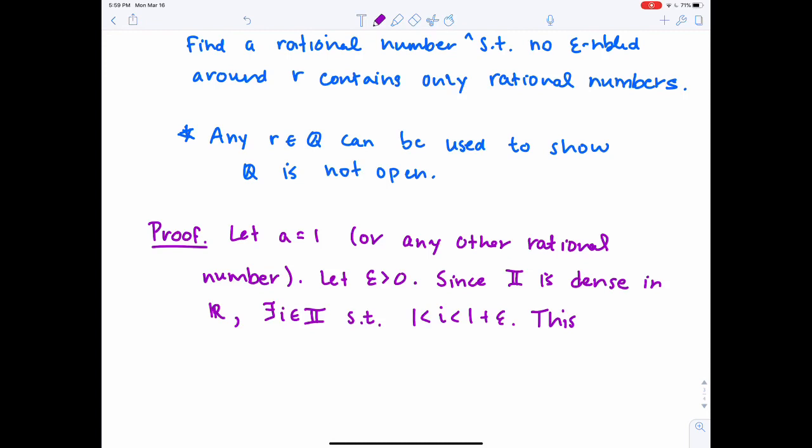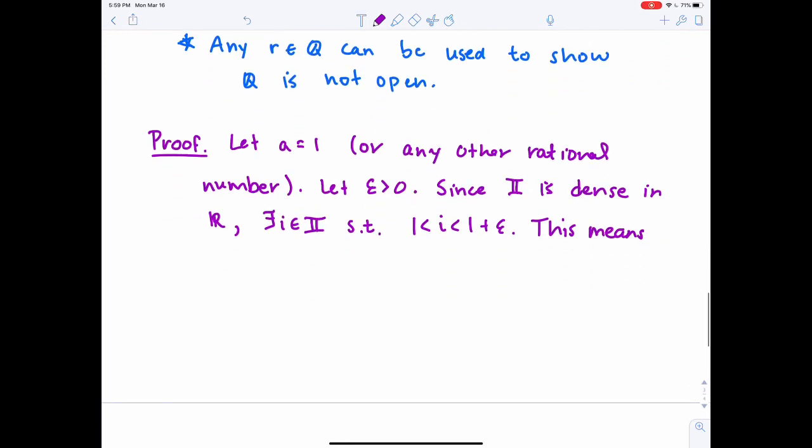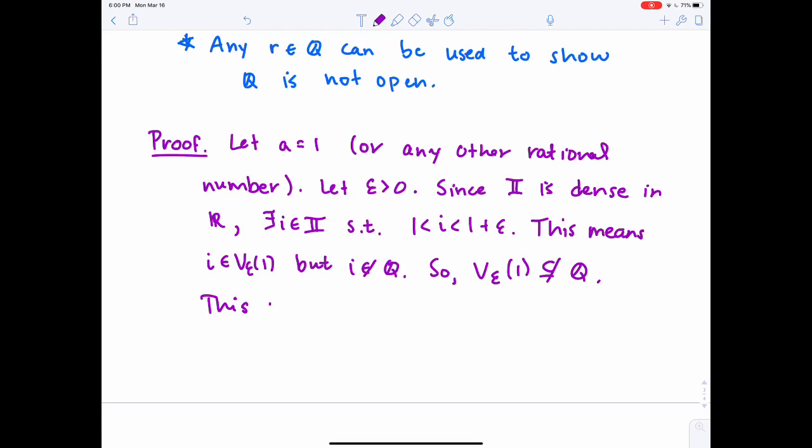This means i is in the epsilon neighborhood of 1, but i is not in Q. So what we're really saying here is that V epsilon of 1 is not a subset of Q. This proves Q is not open.